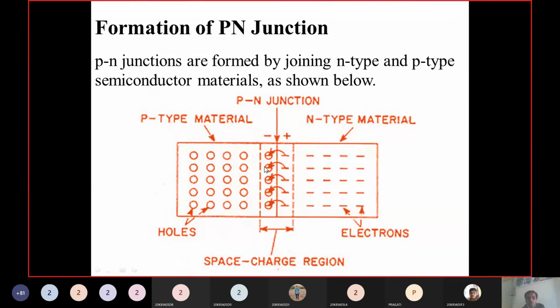So positive ion core will be developed on the N region and negative ion core on the P region. Because of these positive and negative ion cores, some electric field will be generated. Due to that electric field, some potential difference or voltage will be developed.